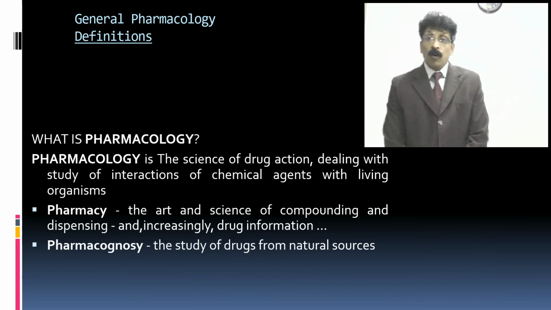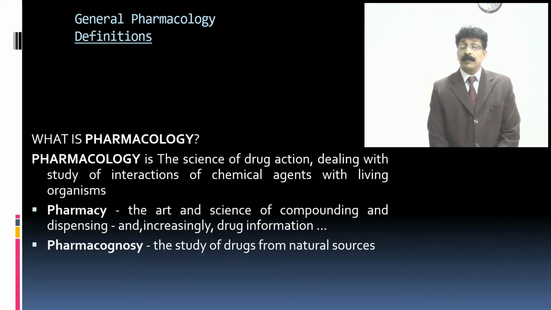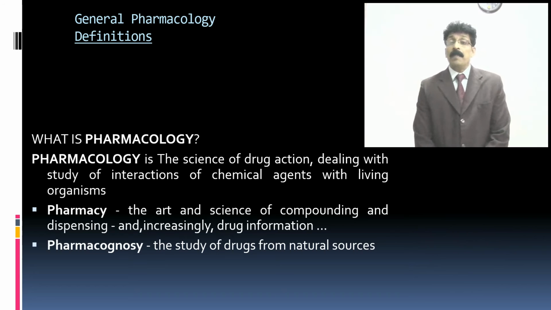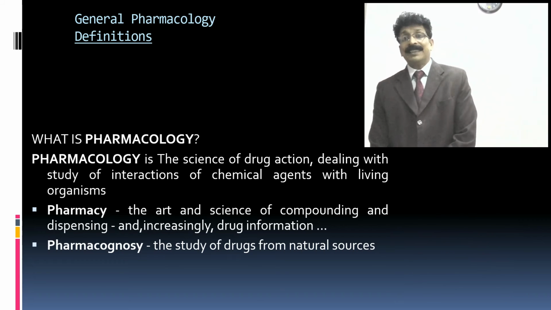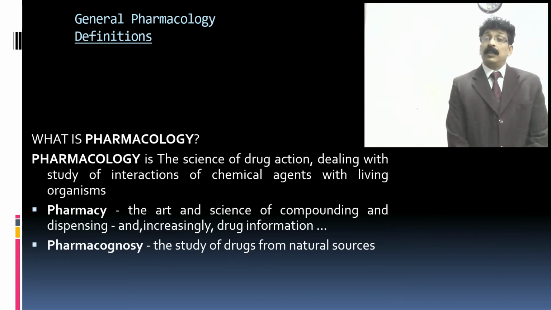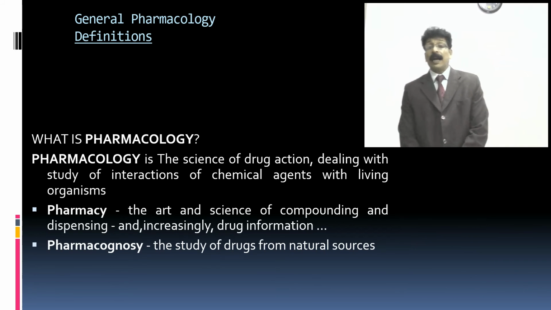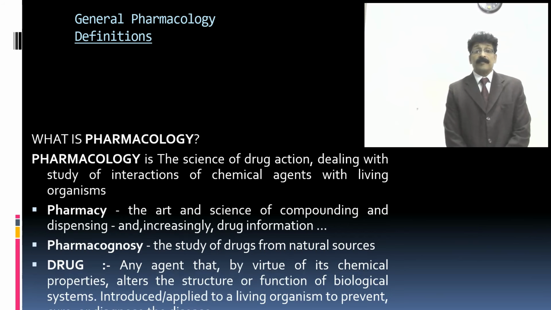Pharmacognosy is the study of drugs from natural sources, which includes isolation, characterization, and identifying the specific pharmacological actions of the natural sources. And drug, what do you mean by drug?